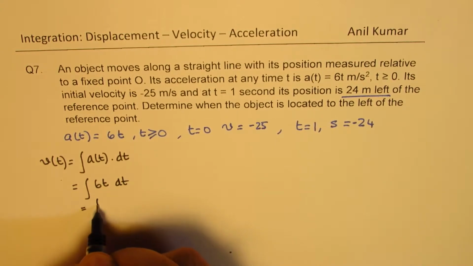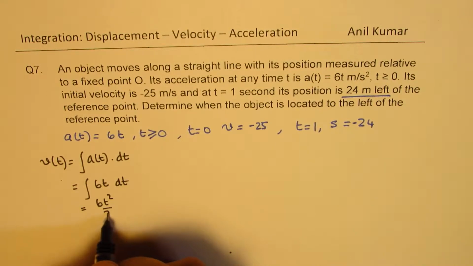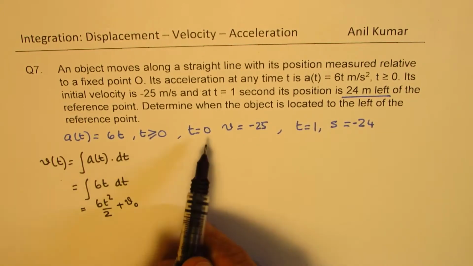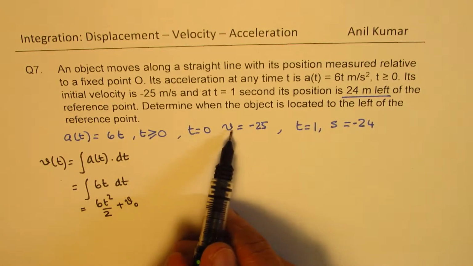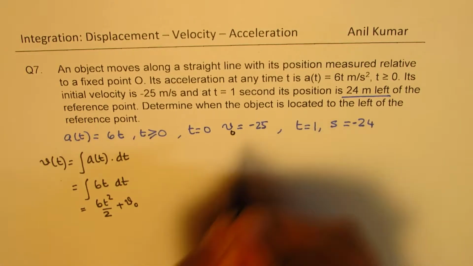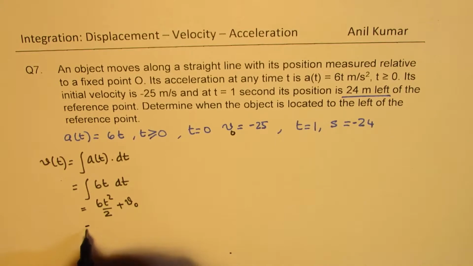Which is 6t squared over 2 plus initial velocity v0. Now at t equals 0, we are given velocity is minus 25. So v0 is given to us as minus 25. So we could write this as 3t squared minus 25. Is that clear to you? So we get the velocity function, correct?